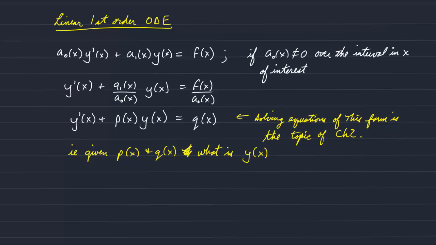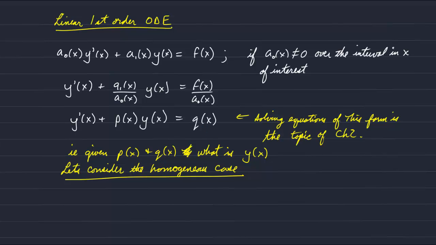Now, for the rest of this video, I would like to talk about how to solve the homogeneous case. And the homogeneous case is the case in which the function on the right-hand side, again being the part of the equation that's independent of y, is equal to 0.